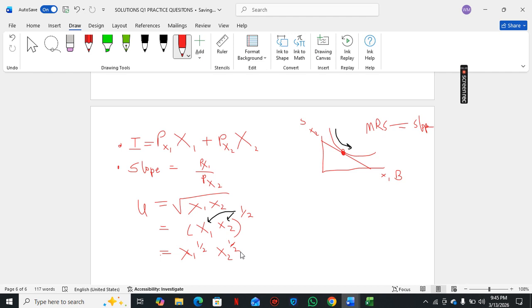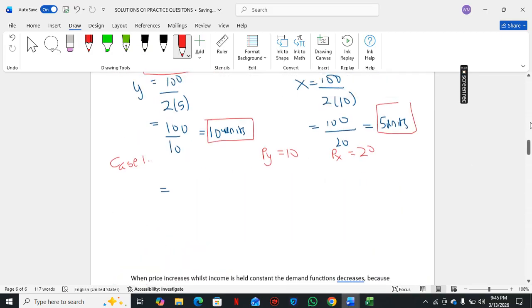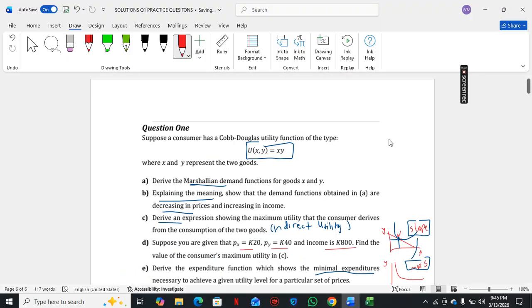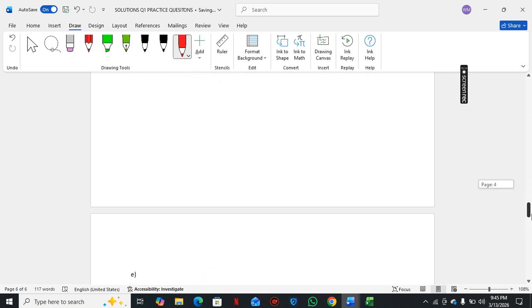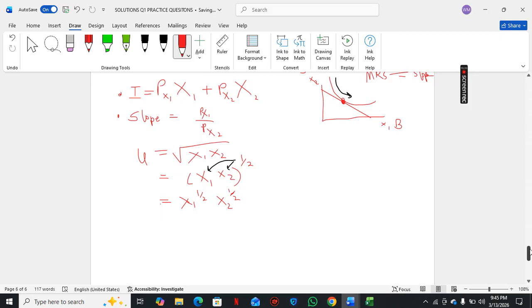Sir, is that the standard utility function? The utility function differs. Sometimes they might give it to you like this; in example 1, they brought it as U equals xy. So they can bring it in different forms. It's up to you to know how to deal with each form.